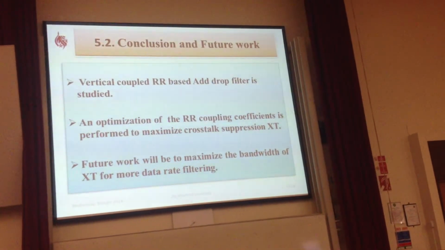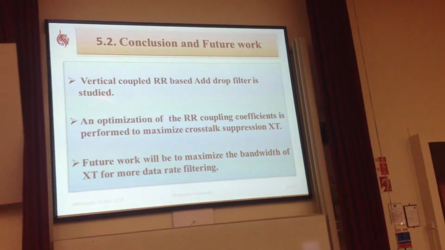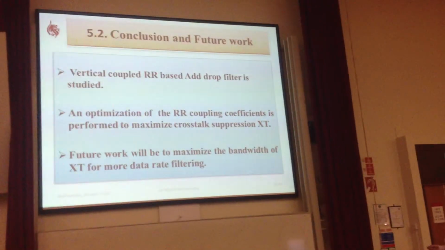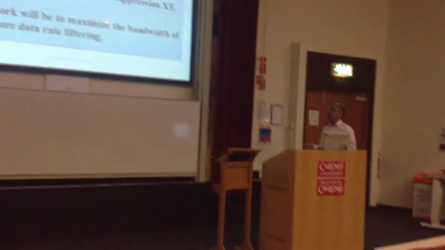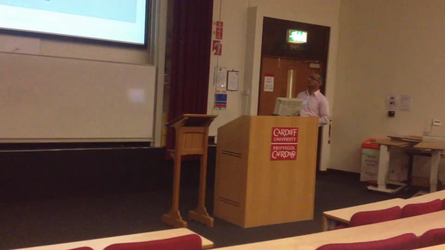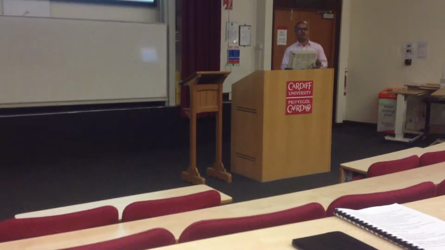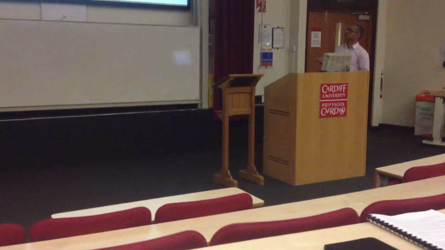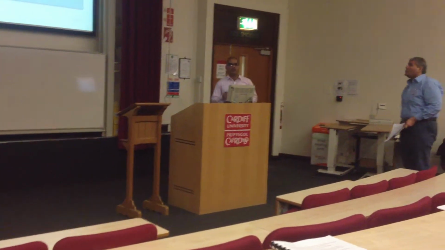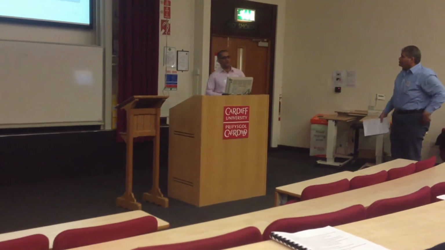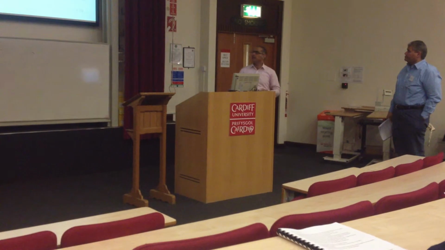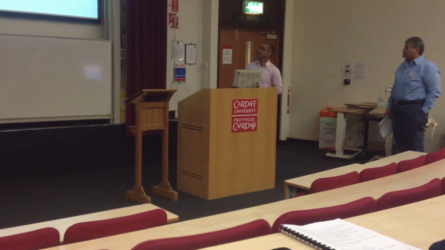To summarize, we were working on the vertically coupled ring resonator. We modeled the vertically coupled ring resonator and tried to optimize, to increase the crosstalk separation by changing the coupling coefficients, by changing D and A. But the question here is, to increase the crosstalk separation to 20 or 25 dB or more, what is the limit?